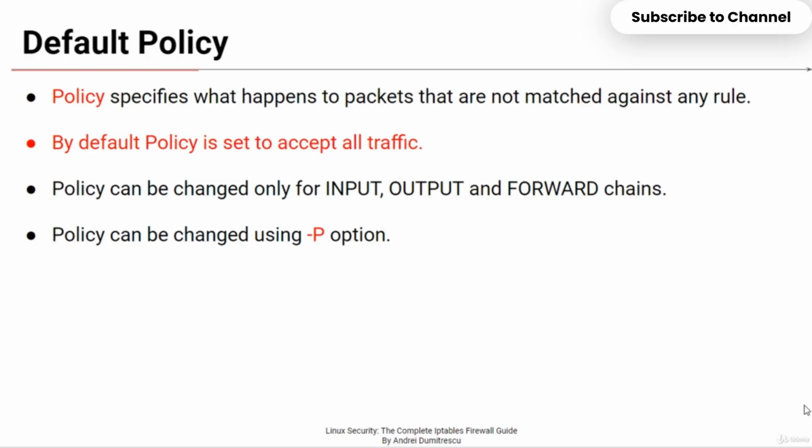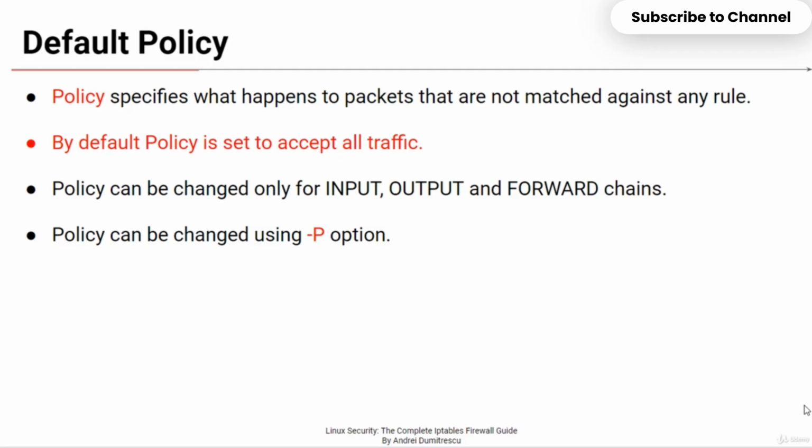Each packet is then checked against each rule in turn, starting at the top. If it matches the rule, then an action is taken, such as accepting or dropping the packet. Once a rule has been matched and an action taken, the packet is processed according to the target of that rule and isn't processed by further rules in the chain.